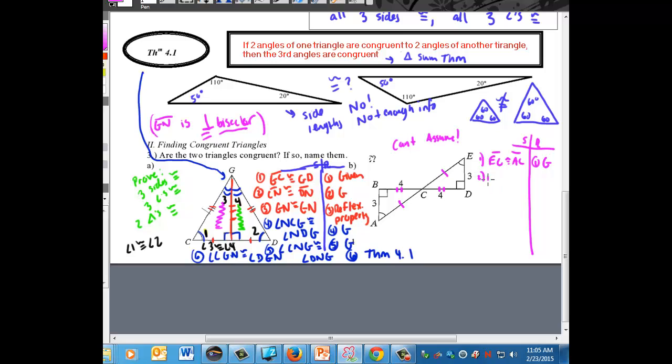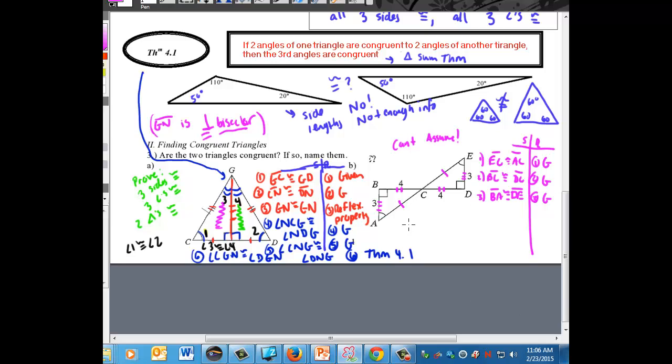So I'm going to say that BC is congruent equal to BC, and that's given. And then let's put 3 marks at 3, 3 marks at 3. What I'm going to say here is that DA is congruent equal to DE. And that's also given. So we've proven that all 3 sides are the same.